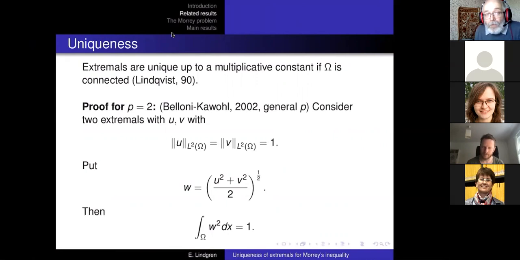Kavol himself attributed this trick to Rafael Ben-Gurion, as I remember, to the thesis of Rafael Ben-Gurion, but I don't remember in which paper of Kavol it was written. Okay, thank you.